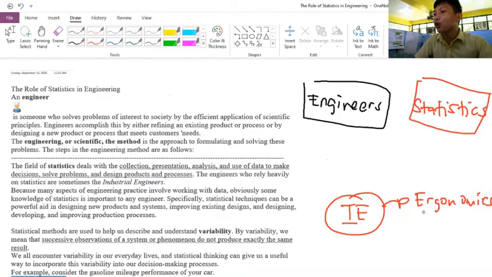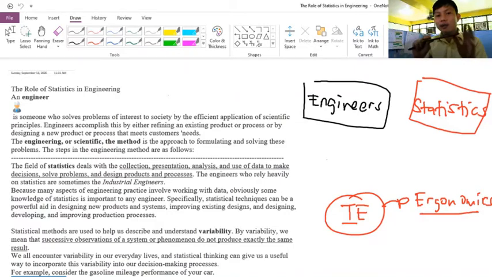Ergonomics is, they're dealing with how products or objects affect human experience. For example, itong cellphone. Ano yung feeling kapag hinawakan mo siya? Yung edges niya dapat curve. Bakit kaya curve yung edges? Bakit kaya hindi siya sharp? Mga ganun. So, ergonomics yon.